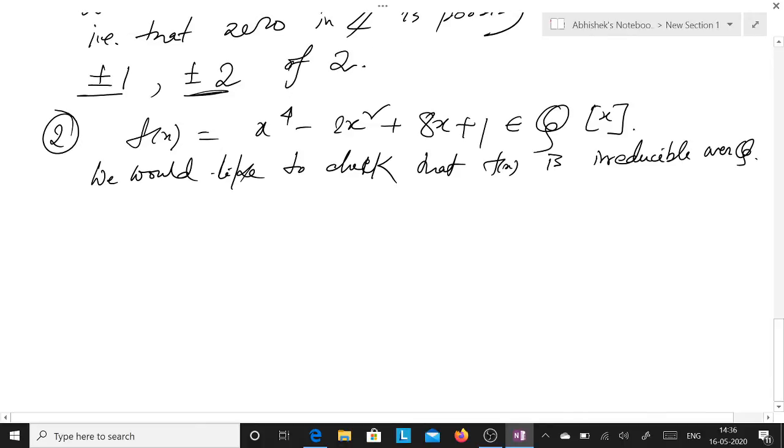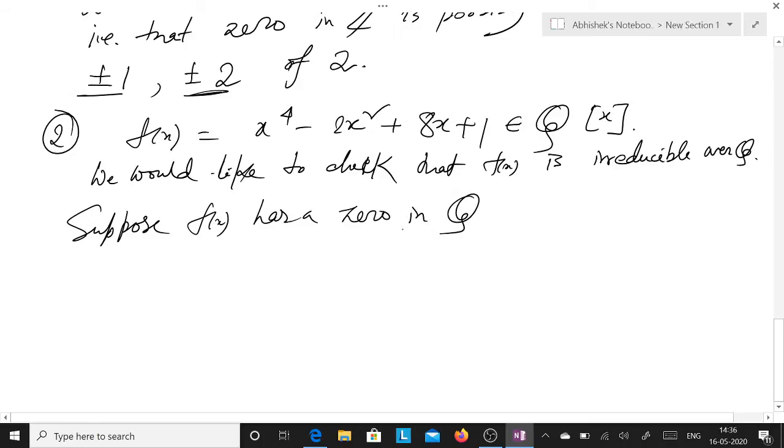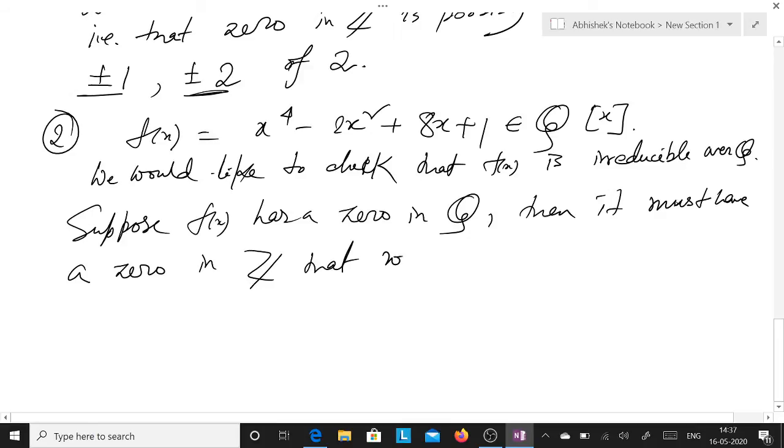Now suppose f(x) has a 0 in Q. Now since f(x) has a 0 in Q by our assumption, then by the above corollary it must have a 0 in the ring of integers, a 0 in Z. And not only that, this 0 will divide the constant coefficient 1.